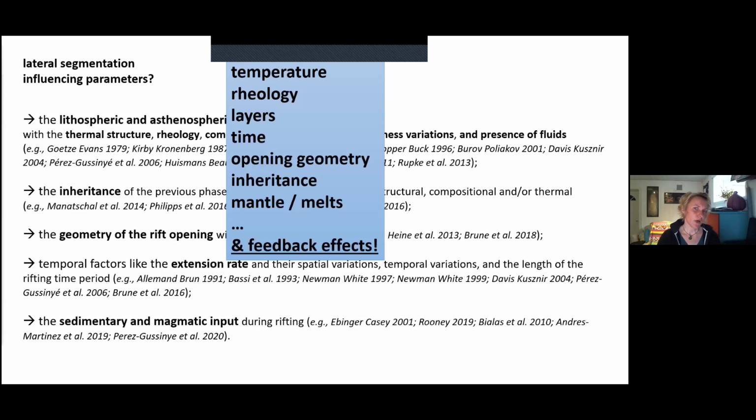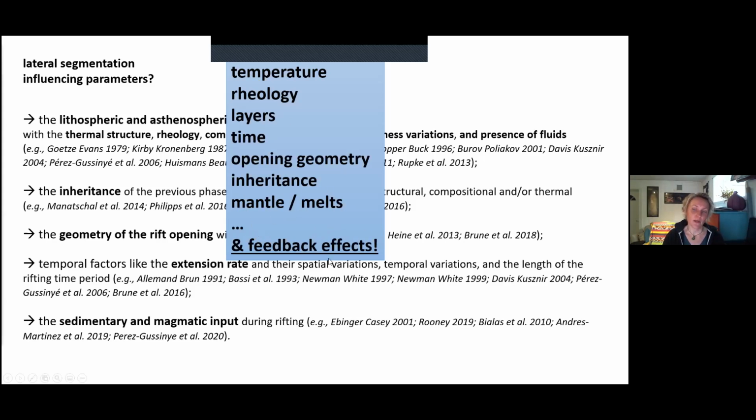We know that the temporal factors also have a lot of influence, notably the extension rates and the variations of these rates. The opening geometry, the obliquity, also has a huge influence. The inheritance, of course, but also the mantle status and the presence of melts or not. We also know that these parameters can have huge feedback effects between them.